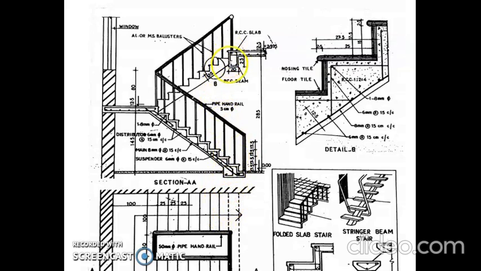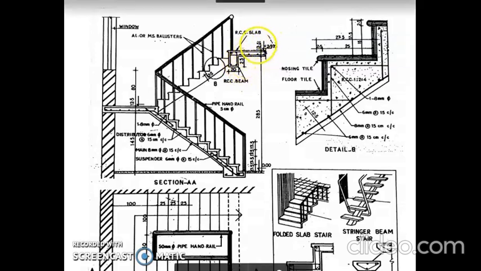We can draw this beam portion. At the beam portion also there is a cut here, so the reinforcement details are given in this. Here the beam width is given as 20 centimeter, and the depth from the bottom of the slab is 12.5 plus the slab thickness.